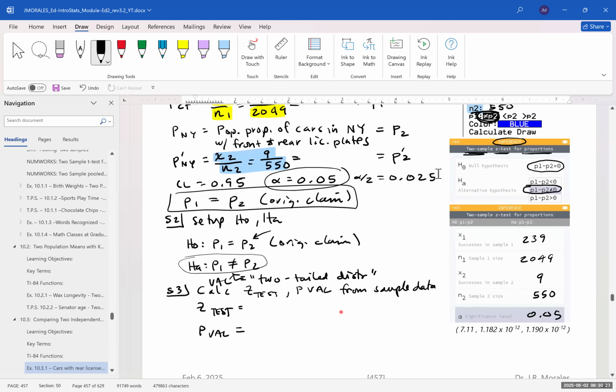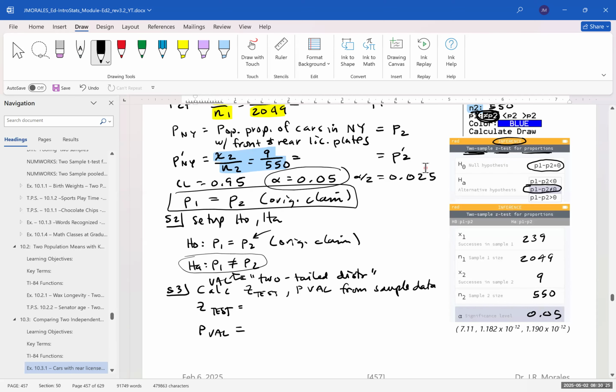Okay, so what we've got is a test statistic of 7.11, and on the Texas Instruments calculator, we have a p-value of 1.19, I'll just put 0.5 times 10 to the minus 12.